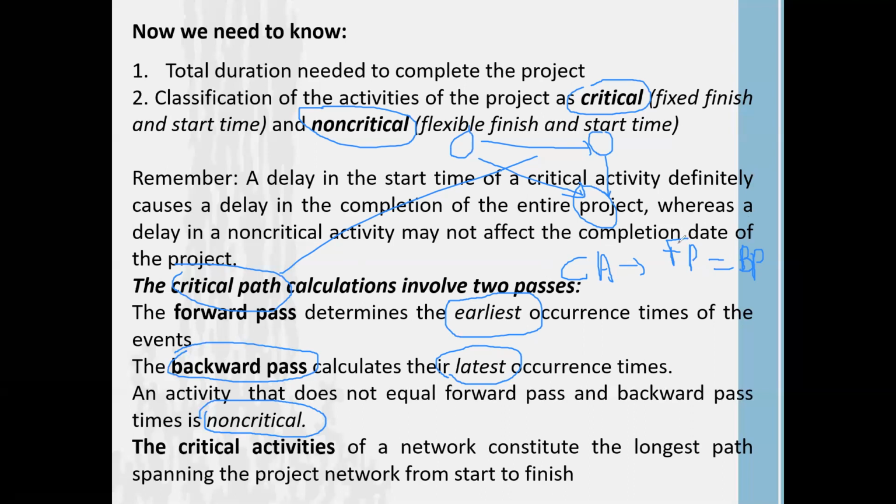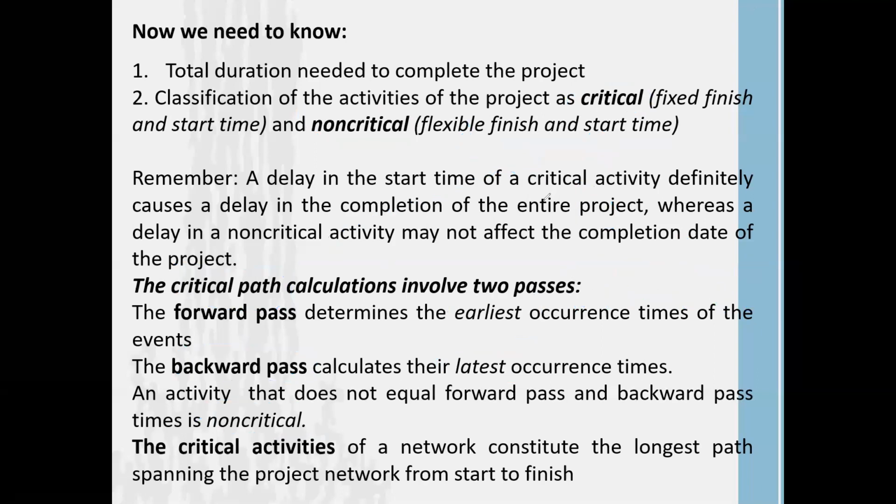Or else, if forward pass is higher than backward pass or backward pass is higher than forward pass, that means it is not equal, and we identify that activity as a non-critical activity. So non-critical activities are those where forward pass is not equal to backward pass. That's the way we identify critical and non-critical activities. Then we will move into an example, and you will get more idea about critical and non-critical paths.